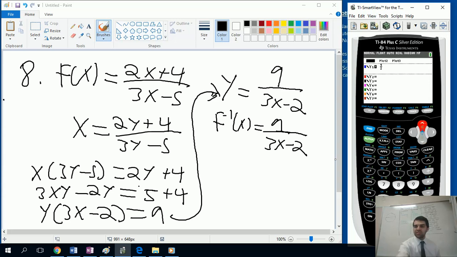We know that f of x is 1 to 1 because our inverse is a function. If f of x was not 1 to 1, our inverse would not be a function. But just to be extra careful, our numerator is 2x plus 4, and our denominator is 3x minus 5. We're going to graph that.